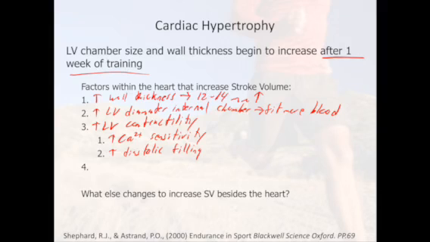Okay, and that's due to a couple things. That's due to the fact that we have, at least submaximally, a decreased heart rate, so that leaves more time to fill. Right?